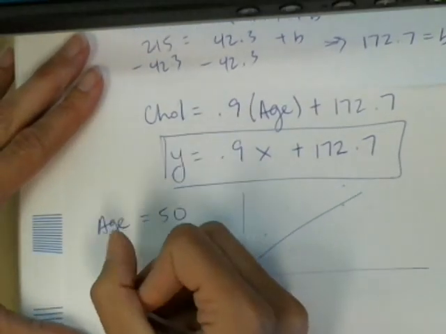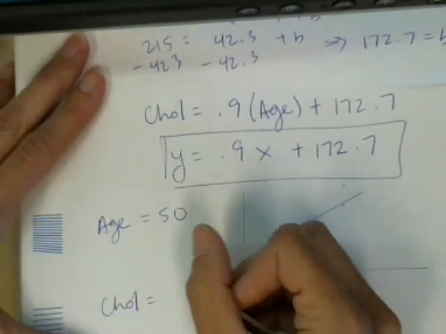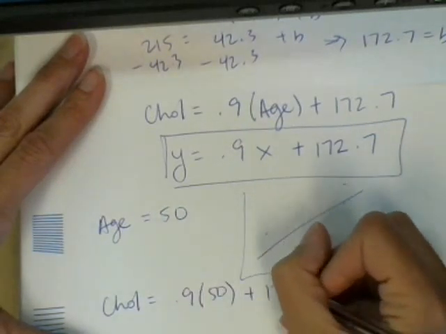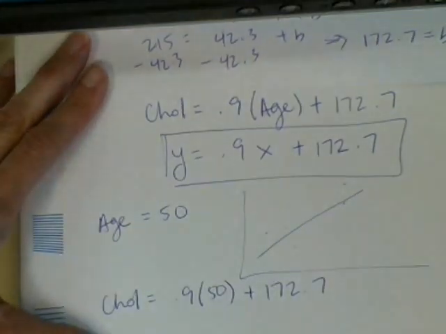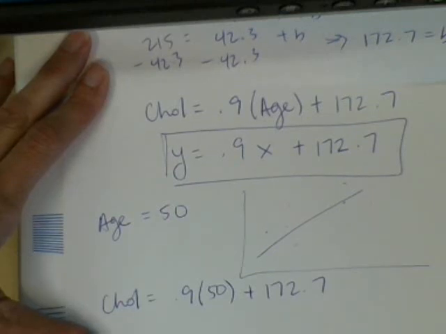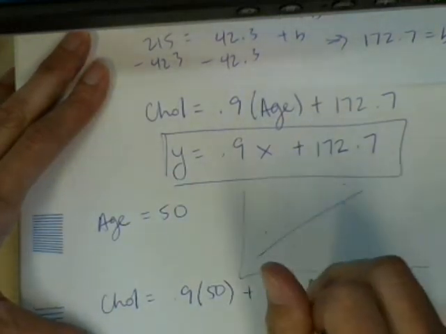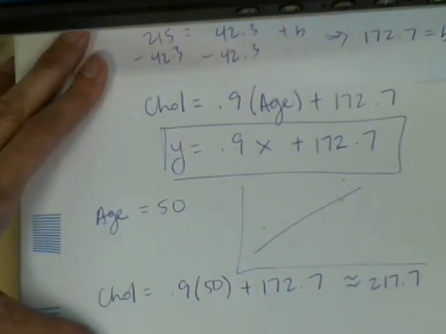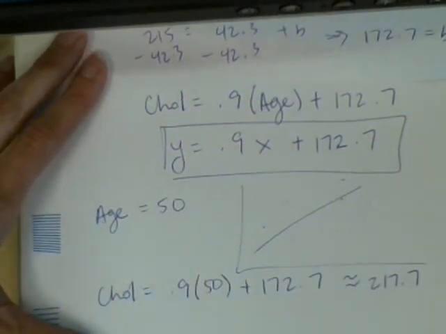Well, that cholesterol level would be 0.9 times their age plus 172.7. So 0.9 times 50 plus 172.7 is about, so based on our trend line, our linear regression, about 217.7.